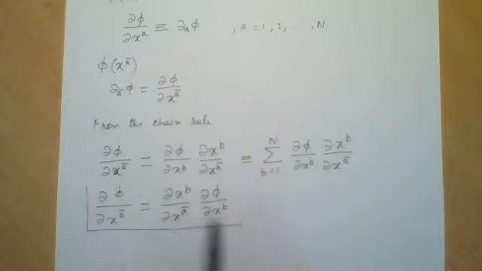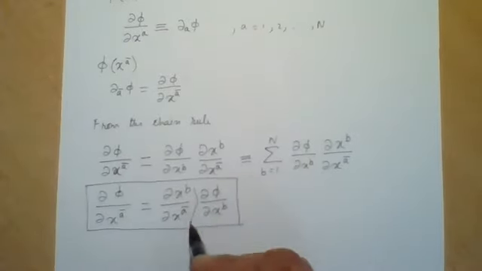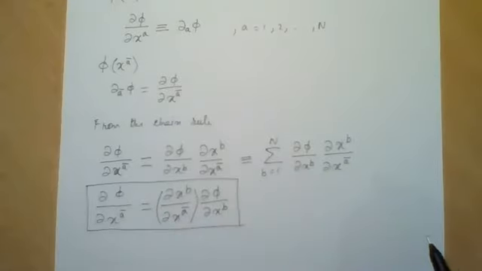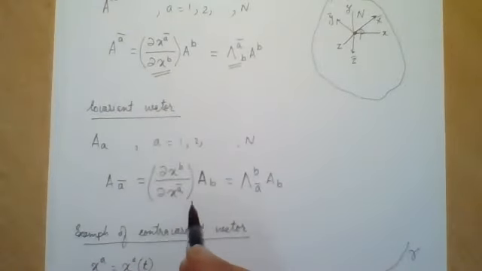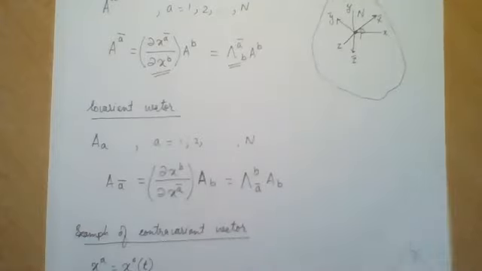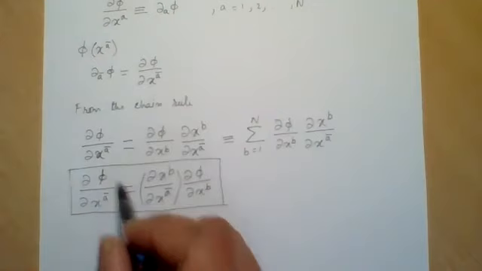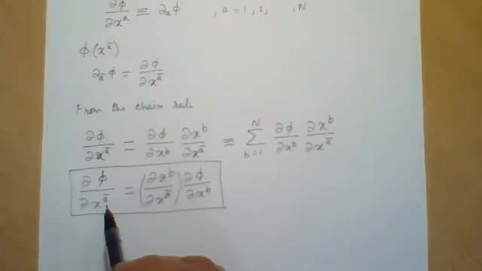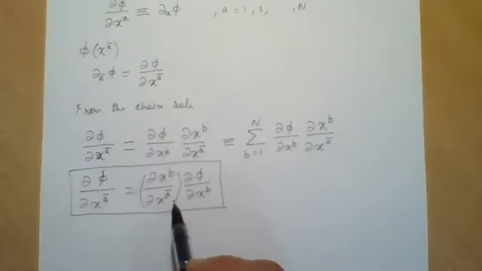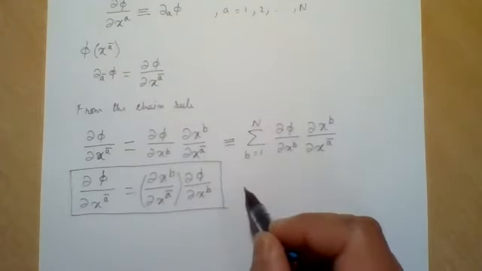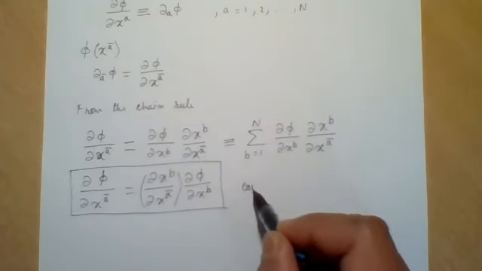But this is how the components of a covariant vector transform. These are the transformation rules of a covariant vector. That means the components of the gradient of a scalar field transform like the components of a covariant vector.